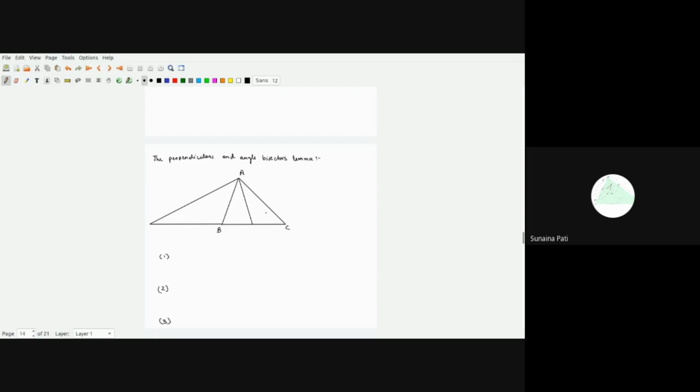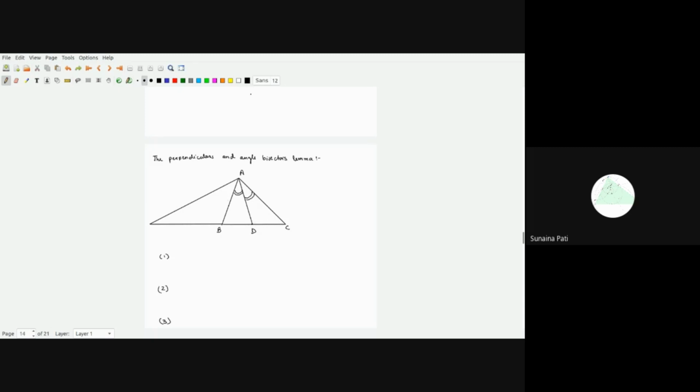It's better to introduce the triangle ABC. You have this point D, and basically AD is the angle bisector of the angle BAC.